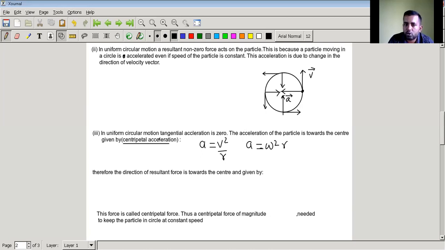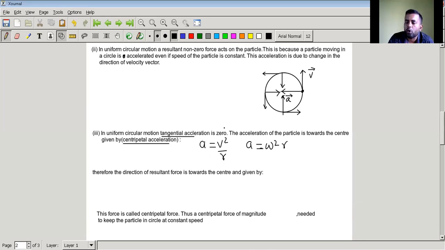Now it also says that in uniform circular motion, tangential acceleration is zero. Tangent means in this direction. Since the particle is not picking up speed in the tangent direction, its speed is constant, as we know. So we conclude that along the tangent there is no acceleration.